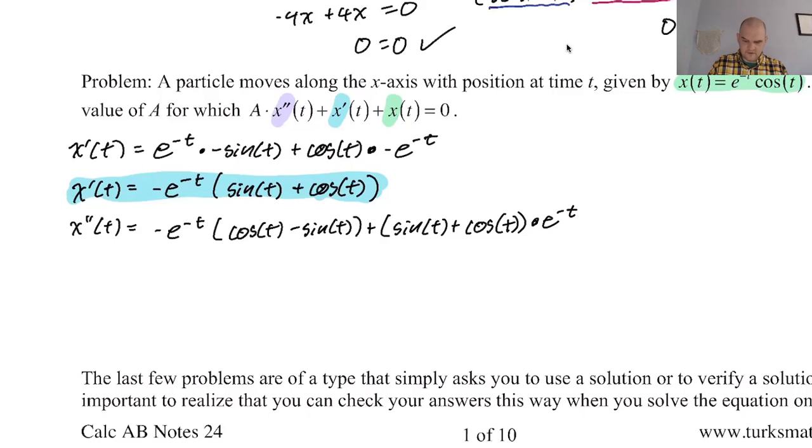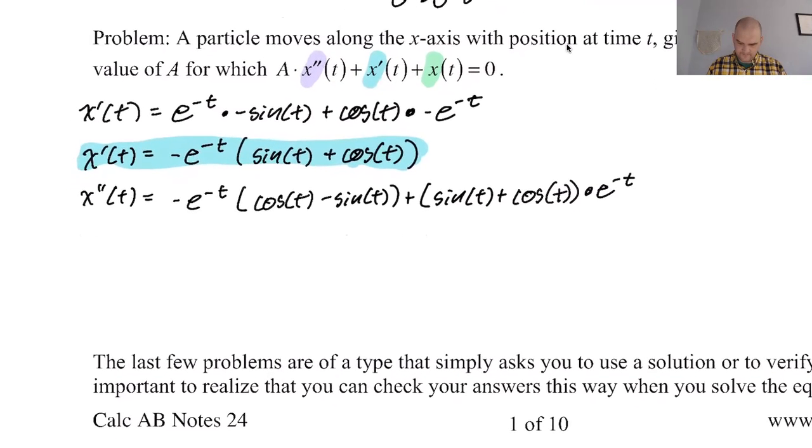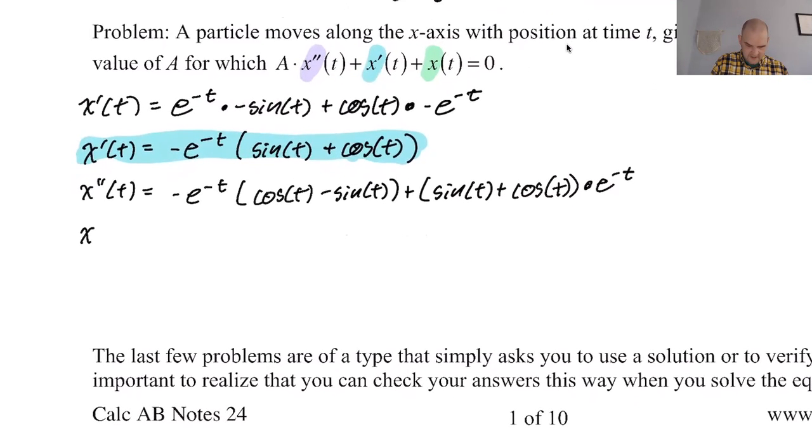All right, so what are we doing? We're going to take out e to the negative t. What are we left with? I'll try to underline. Keep in mind that in the first thing, there's a negative just sitting there.